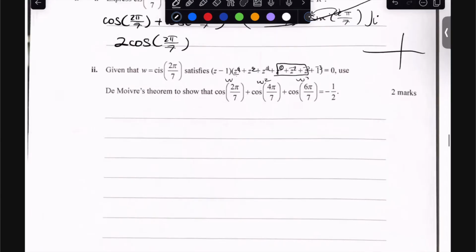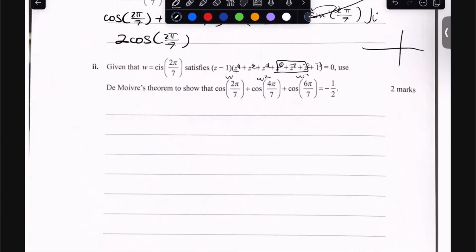So actually, you can say that z to the 6 plus z to the 5 plus z to the 4 plus z cubed plus z squared plus z plus 1 is equal to 0.